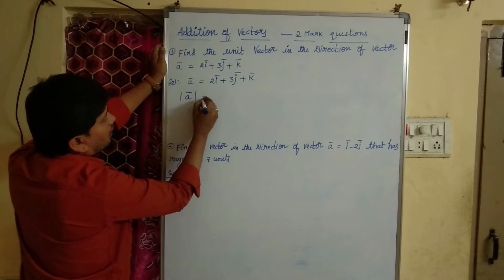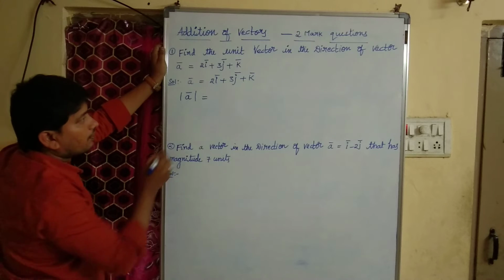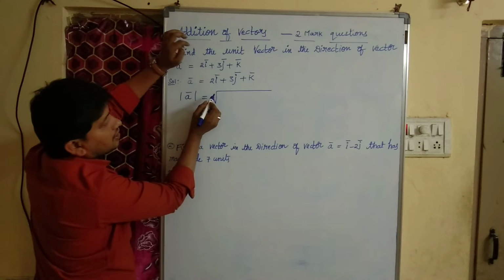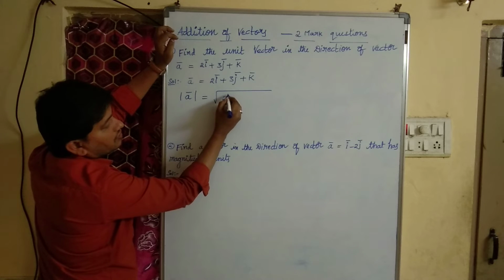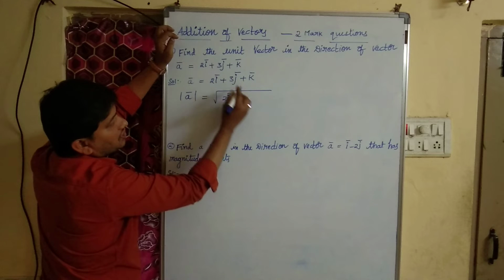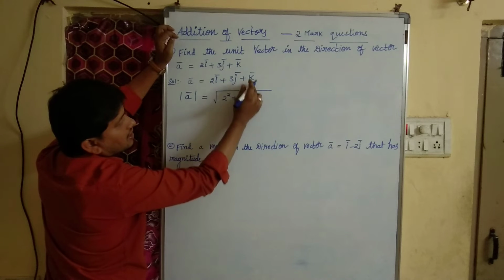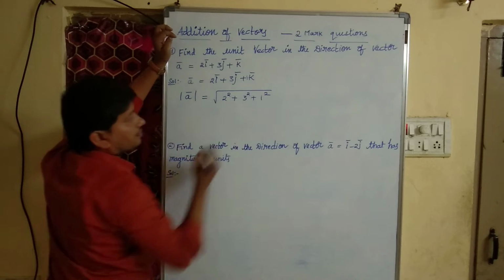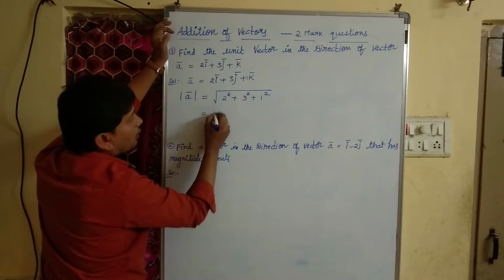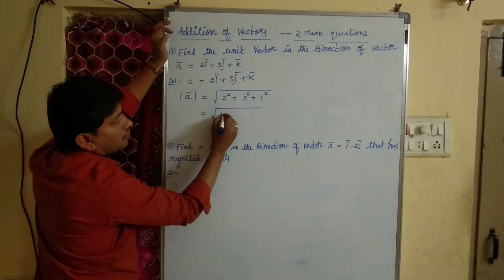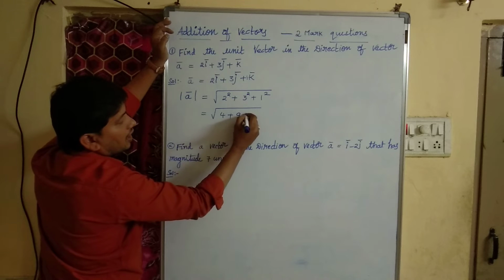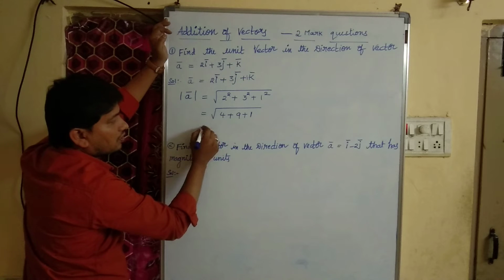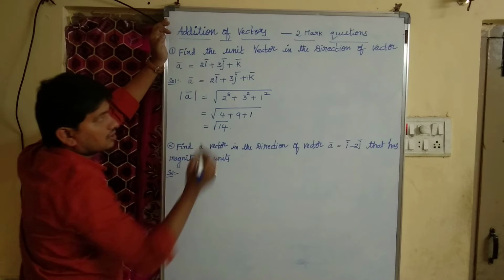Modulo of a bar is equal to root over 2 square plus 3 square plus 1 square. So modulo of a bar equals root over 4 plus 9 plus 1, that is 14. So modulo of a bar is root 14.